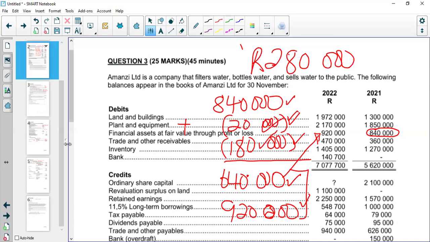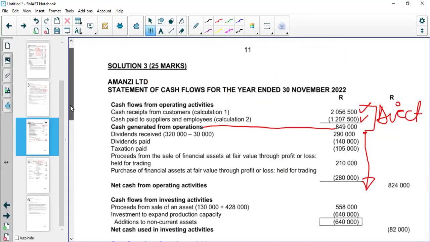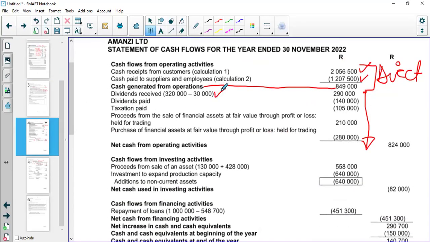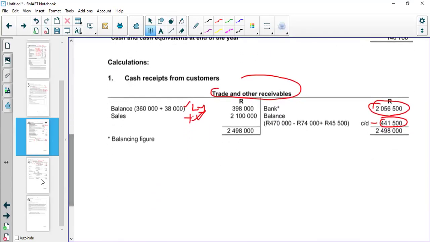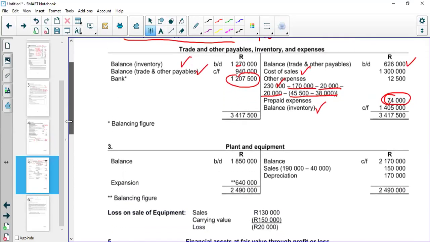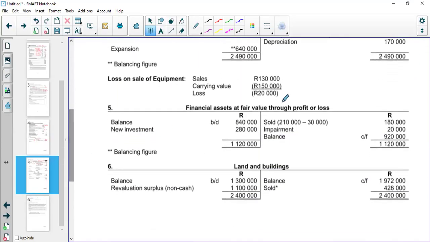So if we go to the answer, now we have our dividends received, dividends paid were given, the tax paid, proceeds is given, and this is our calculation held for trading. So if you want to do a proper general ledger, you start with this balance 840, and then we removed 180, the carrying amount.